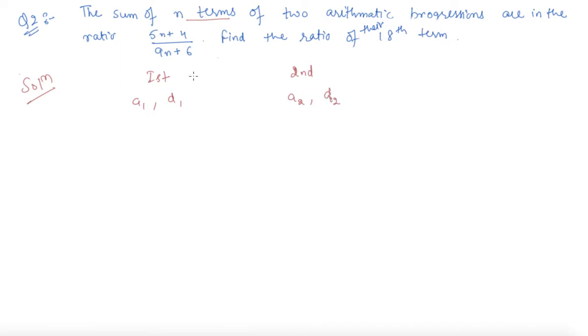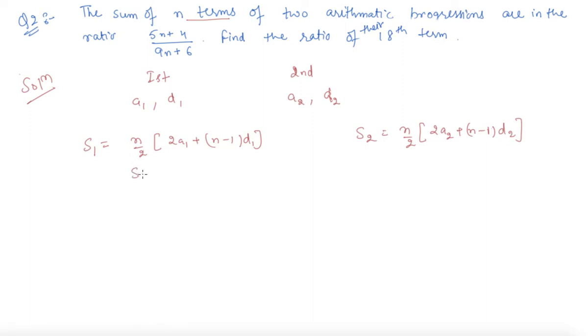The sum of n terms s1 is n by 2 times 2a1 plus n minus 1 times d1, and s2 will be n by 2 times 2a2 plus n minus 1 times d2, because we need the sum of the same n terms.